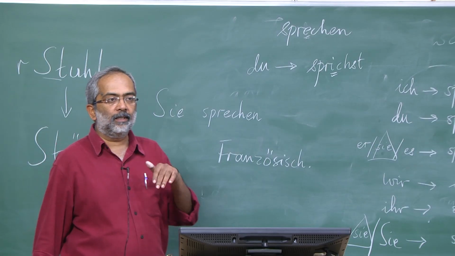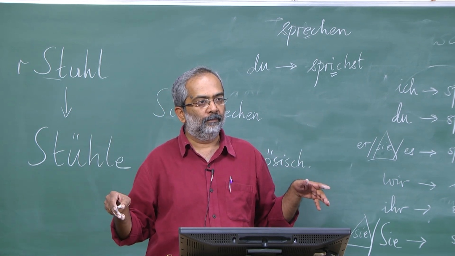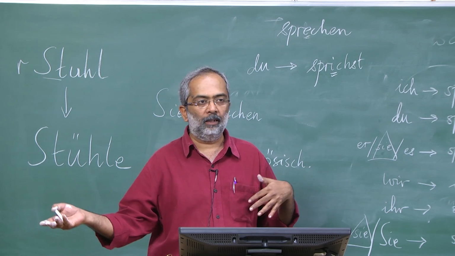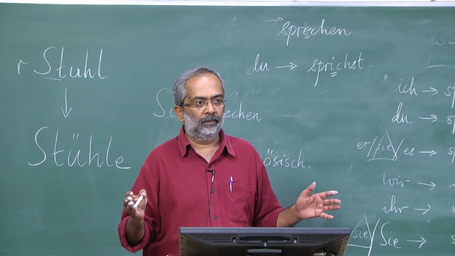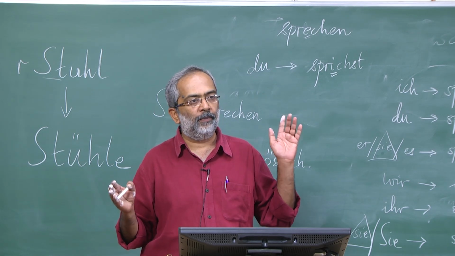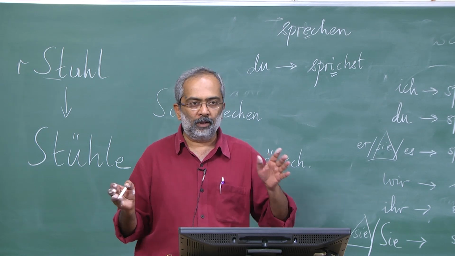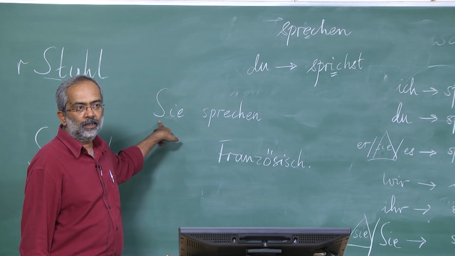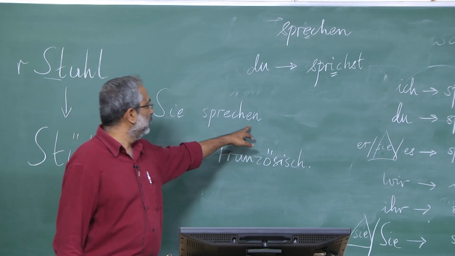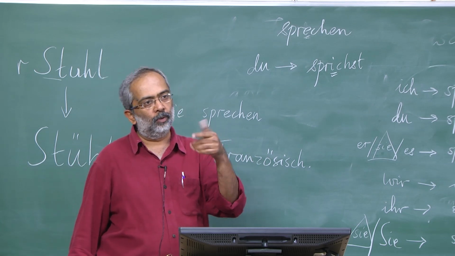Now, if this sentence is there in isolation, floating around somewhere, without any head or tail, with no context, then the ambiguity is not resolved. Does this mean they are speaking French, or does this mean you are speaking French? That is not resolved because this S has to be capital, since it's the first word of the sentence, and then we know that the conjugation of they and the formal you is the same.